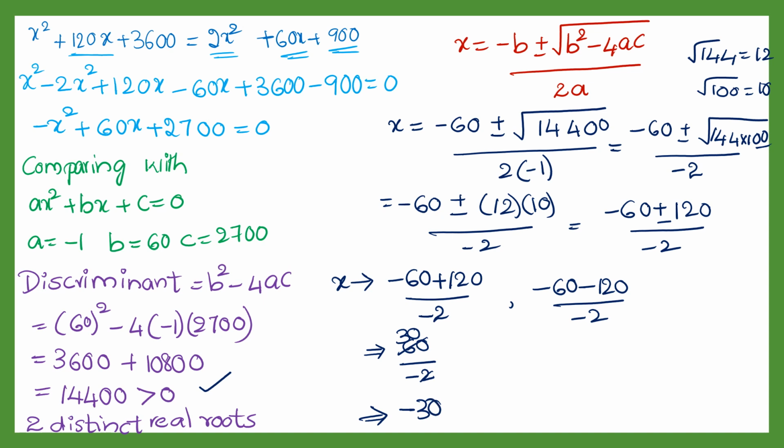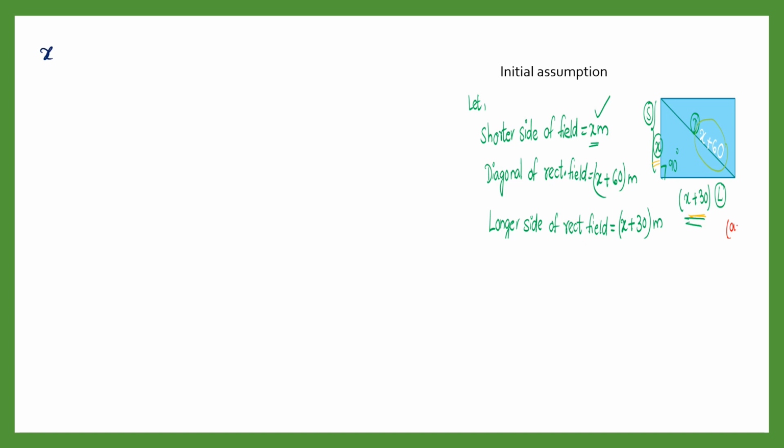And then minus 60 minus 120 means minus 180 by minus 2. Minus and minus gets cancelled. 2 ones are 2, 2 90s are 180. So you get 90. So you got two distinct real roots. The values of x, those real roots, are minus 30 and 90.